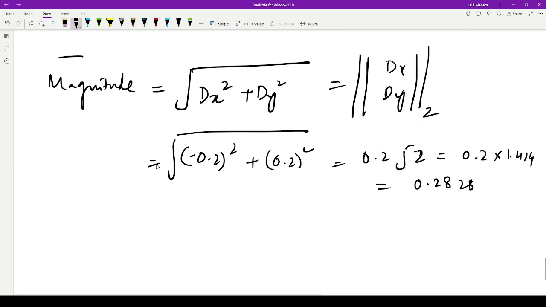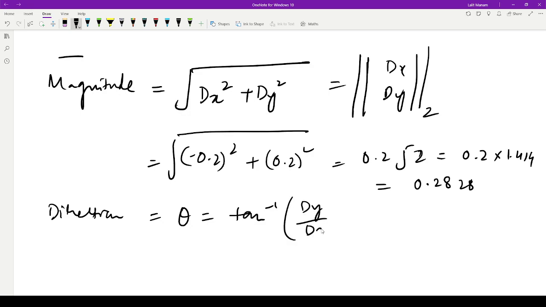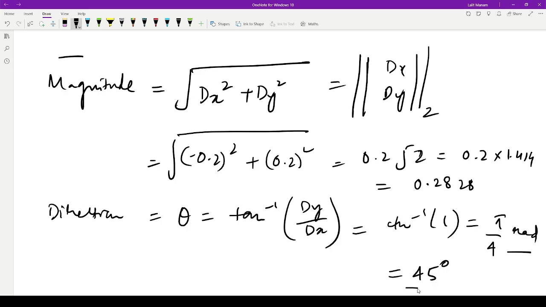You have this magnitude and direction. What is the direction? Direction is some theta, which is tan inverse of dy by dx, which is tan inverse 1, which is pi by 4 radians, or 45 degrees.